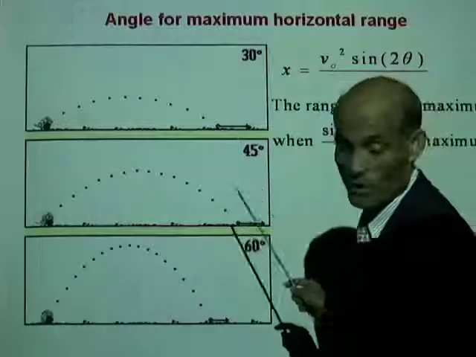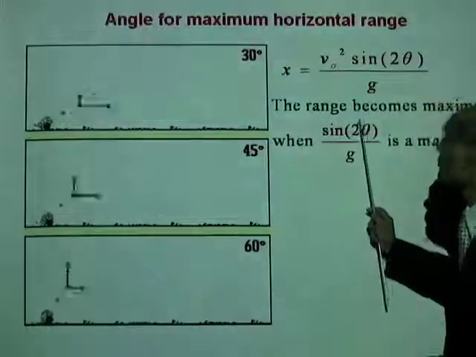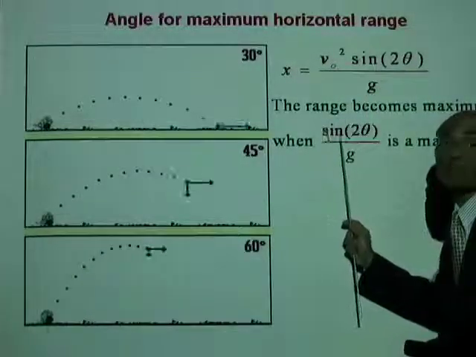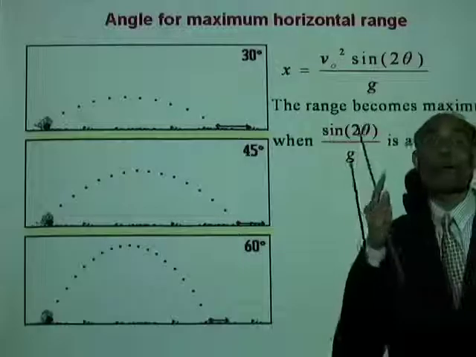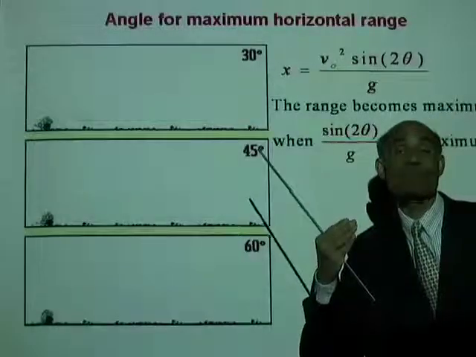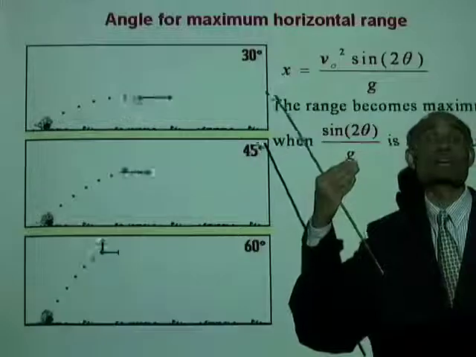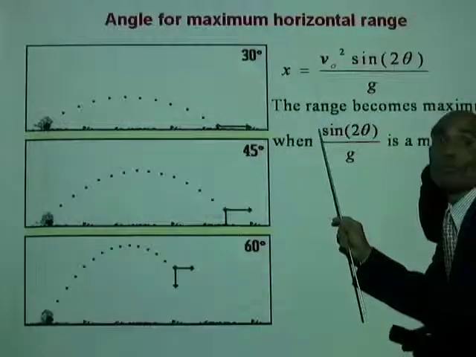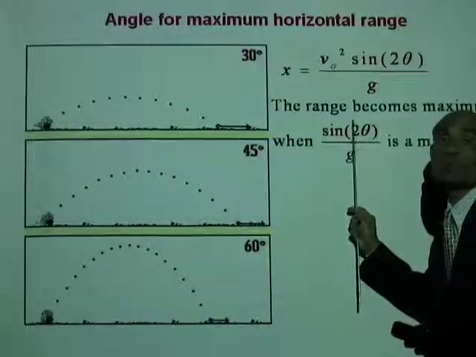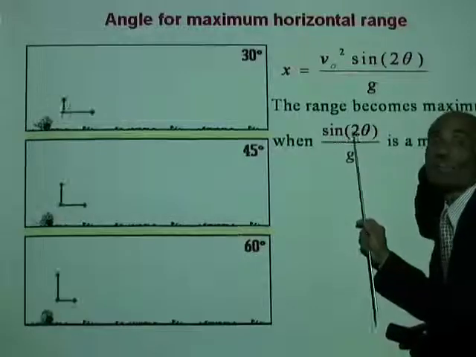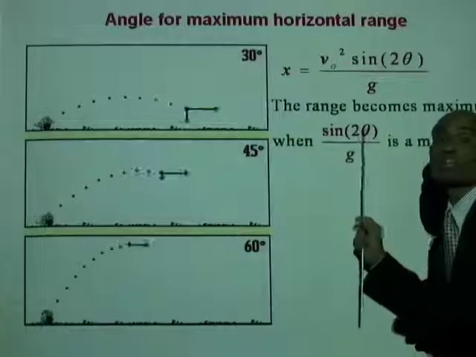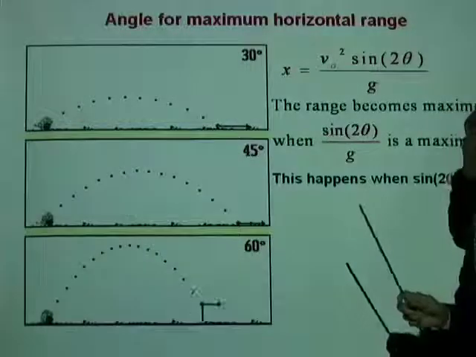So, this quantity will become maximum when sine of 2 theta becomes 1, because sine of a quantity cannot be greater than 1. And when will sine of 2 theta become 1? When this angle 2 theta is 90 degrees.